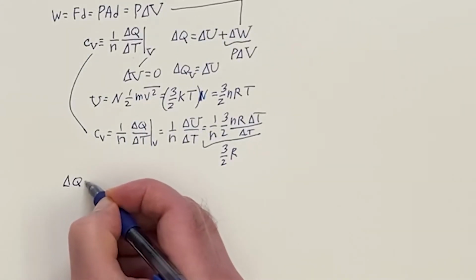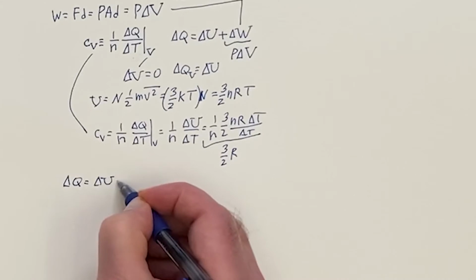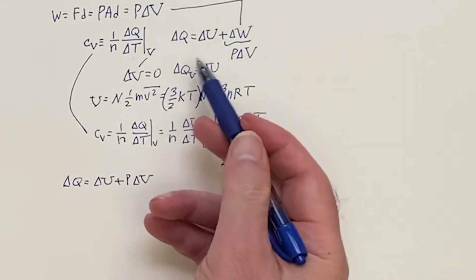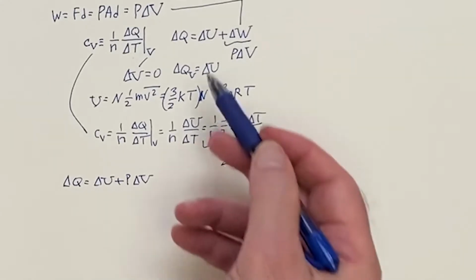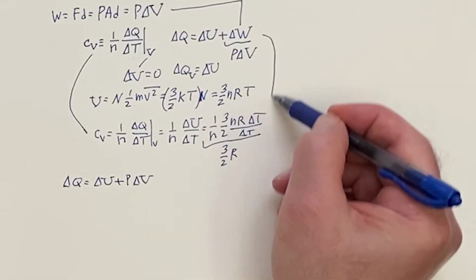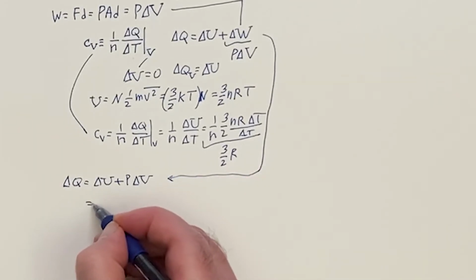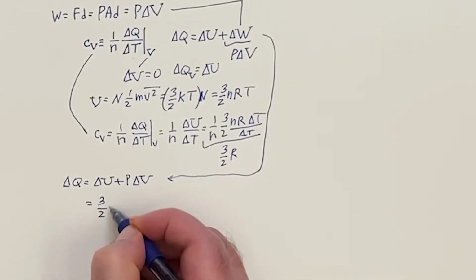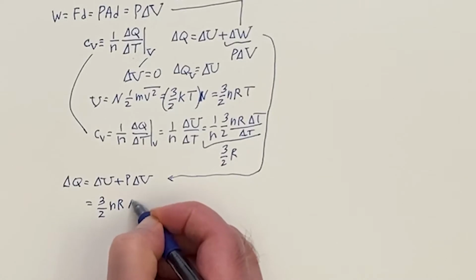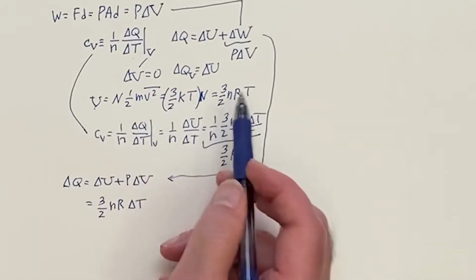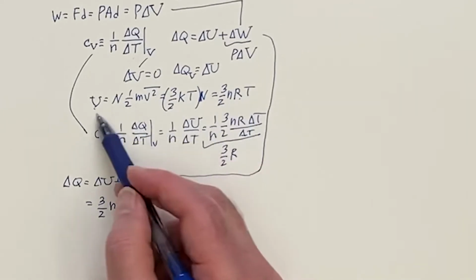So delta Q is delta U plus P delta V. This is the way of writing delta Q. We already wrote that down once already. And this is 3/2 nR delta T, since we know what U is in terms of T. And that's always true.